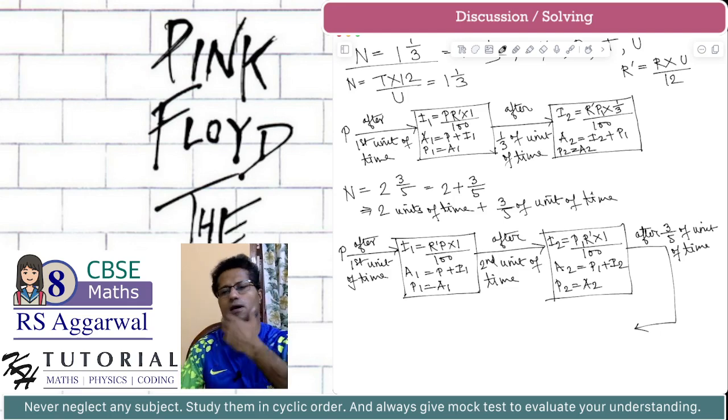Let's say the unit of time was 10 months. If U is 10 months, then obviously after the first unit of time, that is after 10 months, we calculated I1.